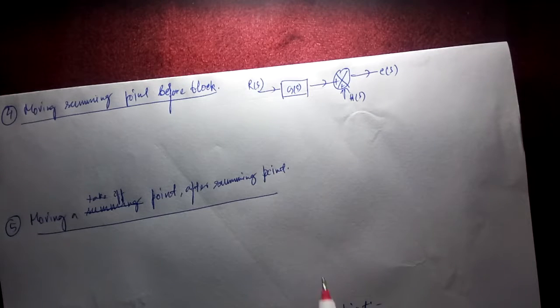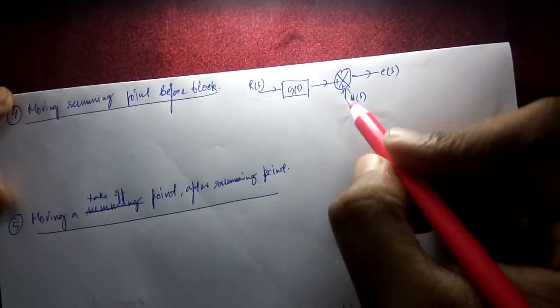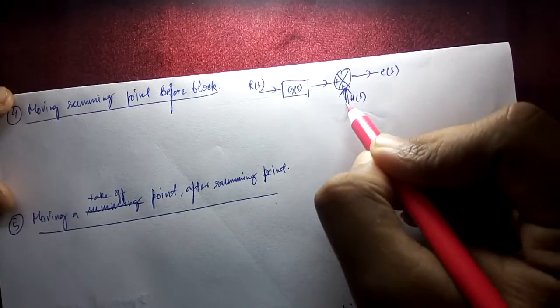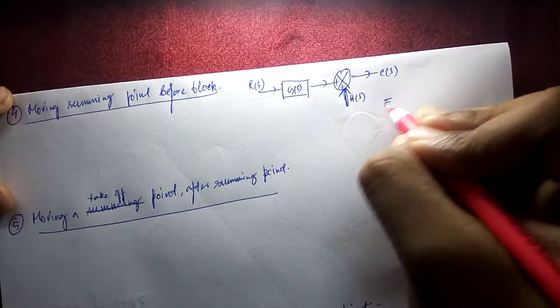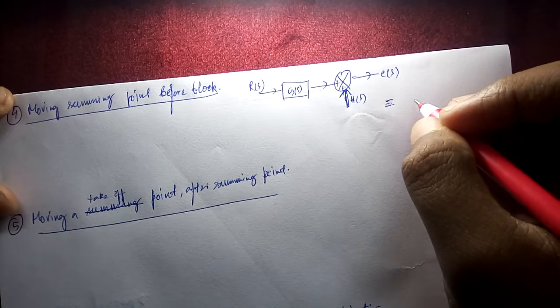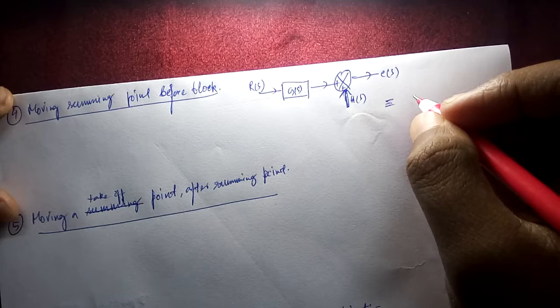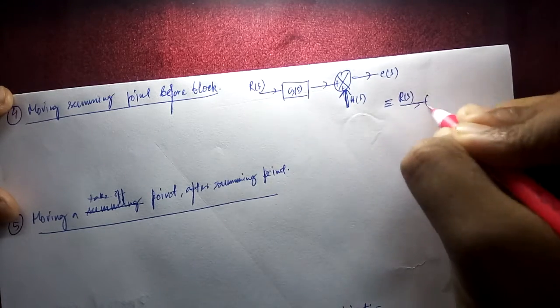Now the fourth one is moving a summing point before a block. Now the summing point is after the block, we have to move it before the block. How can we do that? Now let me draw it. Similarly as before, now we have to divide GS from HS. You can understand it very easily.